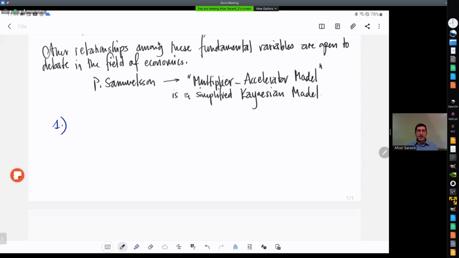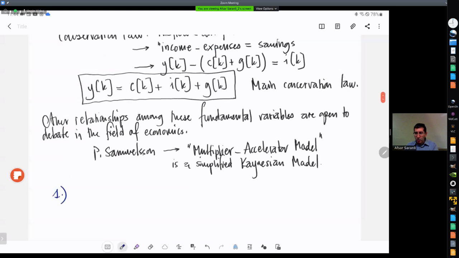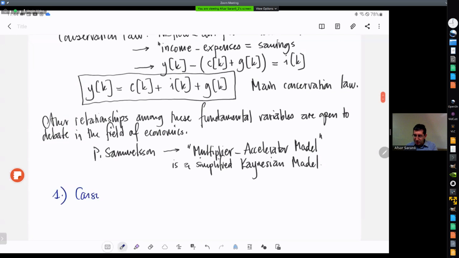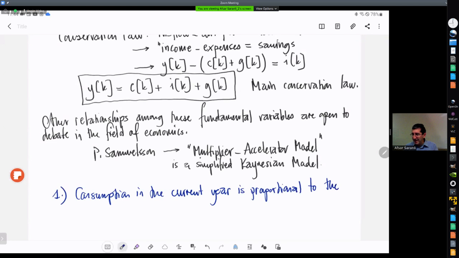If we have made more money last year, we spend more this year. So consumption in the current year is proportional to the GNP, the gross national product, of the previous year.